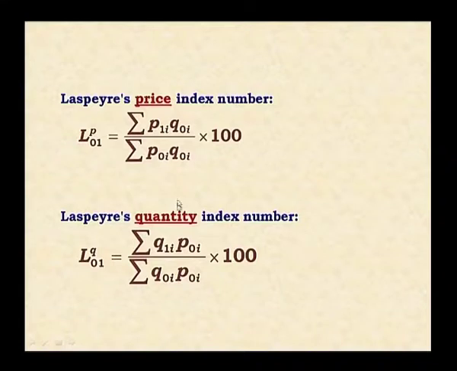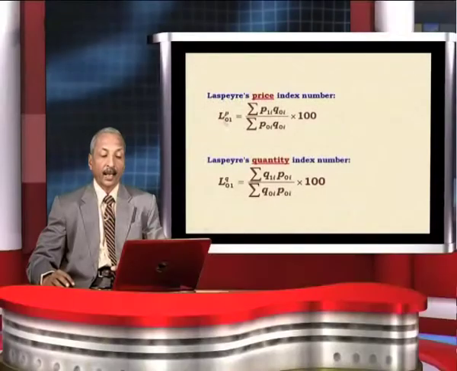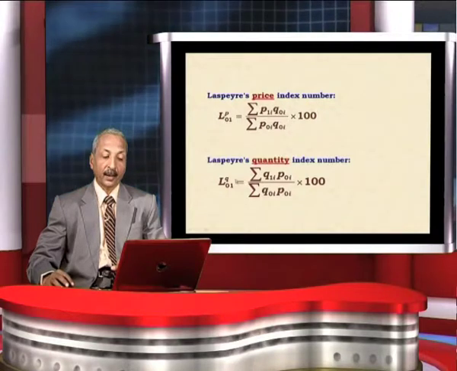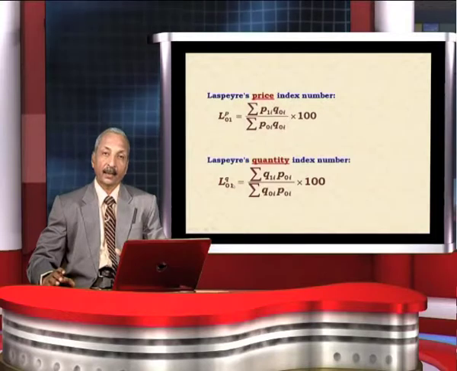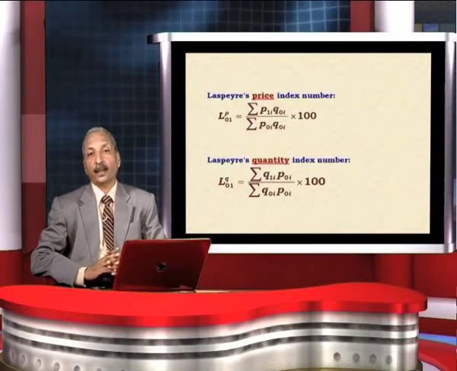Here we can see that in these two formulas, the P's are replaced by the Q's, and the weights taken here are the prices of the commodities in the base year. So, L01P and L01Q are the price index number and quantity index number using the Laspeyres method.